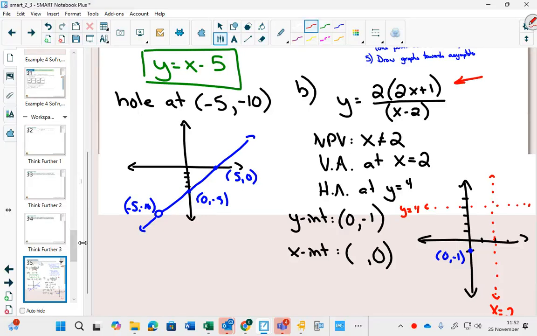as in here, okay? I'm going to show you a step that you don't ever need to do, but if I do plug in 0 for y, can you see that you could multiply both sides by x minus 2? And if you multiply both sides by x minus 2, the bottom would just go away.